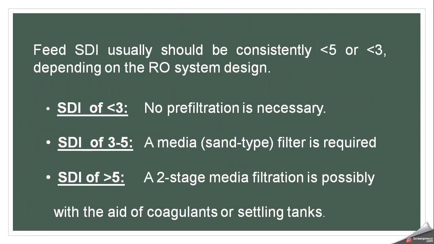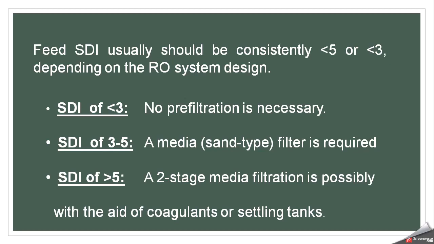Now, feed SDI usually should be consistently less than 5 or less than 3. This is normally recommended by the membrane manufacturer. If it is greater than 5, the water will clog or foul the membrane very quickly, and also it will damage the membrane. So it is normally tried to keep the value at least less than 5, and it is better if we can achieve an SDI value of less than 3.